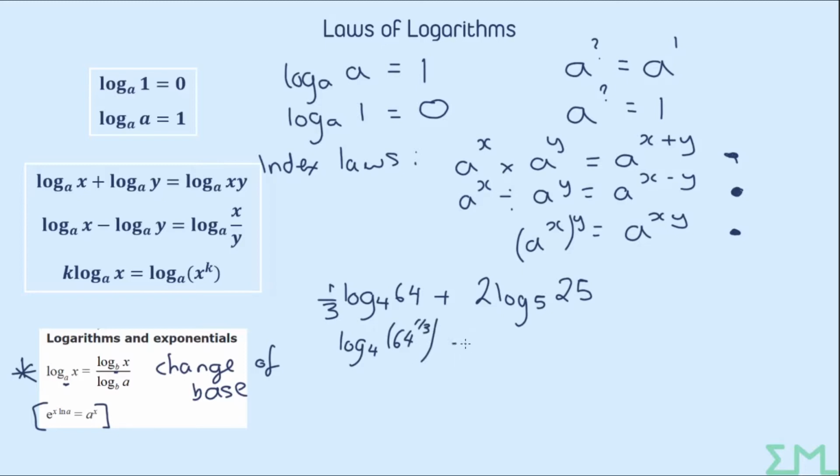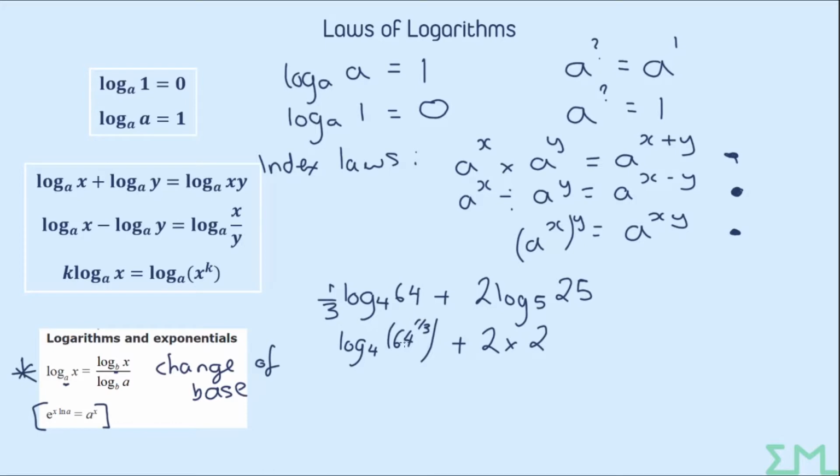Now over here, I could take the 2 in and do 25 squared, but that's a rather large number. So for this part of the expression, I'm just going to say 2 times log base 5 of 25. What power of 5 gives me 25? 2. Okay, so we can just evaluate that one. We could have done that with the first part, but we wanted to have a go at using these new log laws, so we wanted to take the third inside.